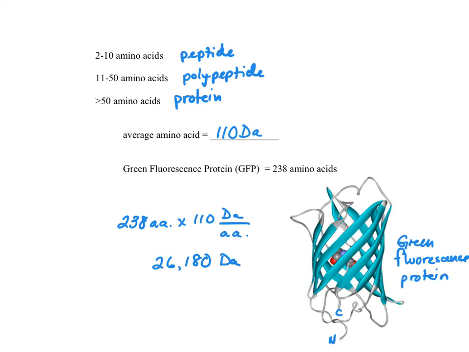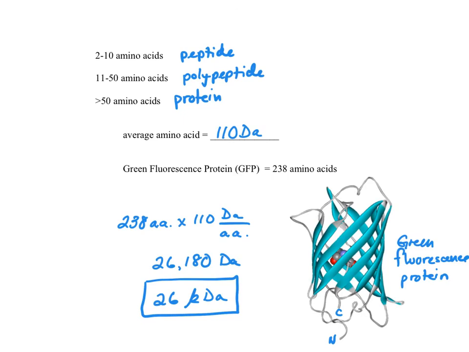And what we sometimes do is simply refer to this as 26 kilodaltons for thousands of Daltons. Maybe we'd call it 26.2 kilodaltons to keep 3 sig figs there. But this kind of terminology, kilodaltons, is how proteins are typically referred to with regard to their size.